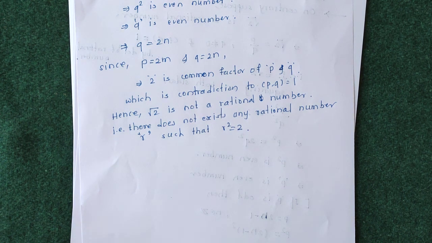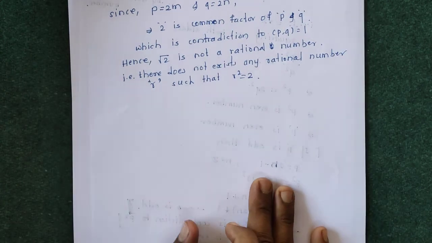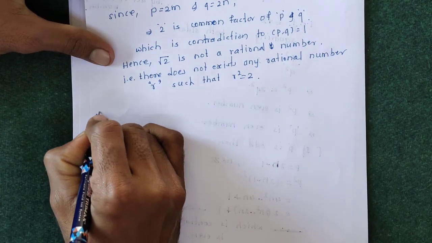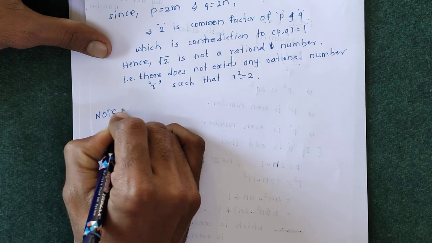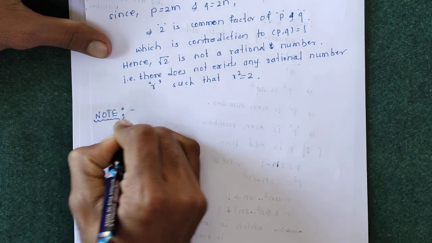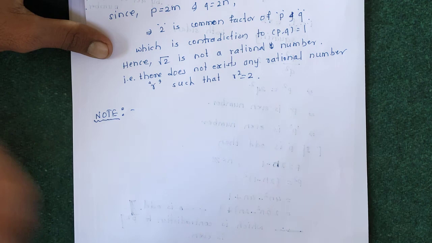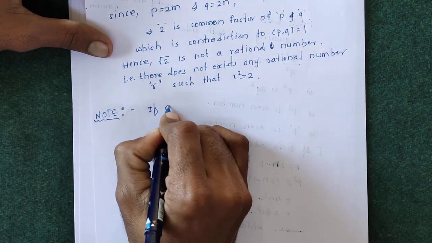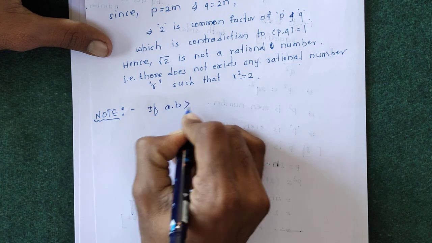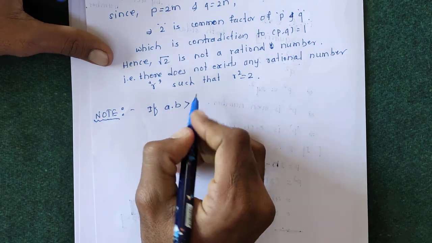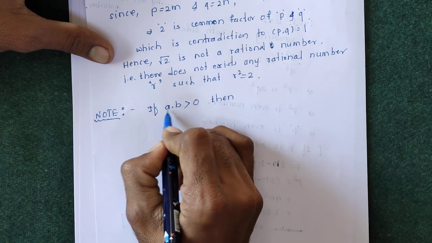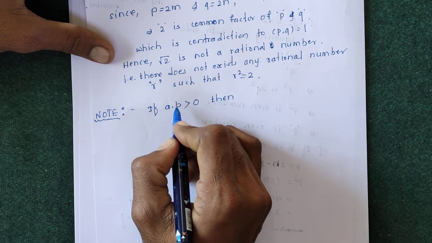Now next we will take one note and after that one example. So take one note. This note tells us if the multiplication of any two real numbers a into b is greater than 0, then there are two possibilities for these real numbers a and b.